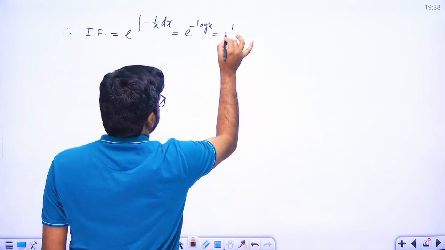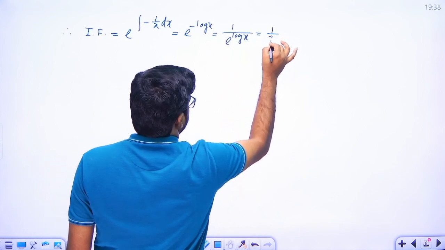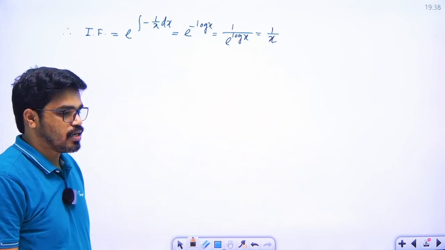So that is 1 by e to the power log x, that is 1 by x. So this is the integrating factor, right?